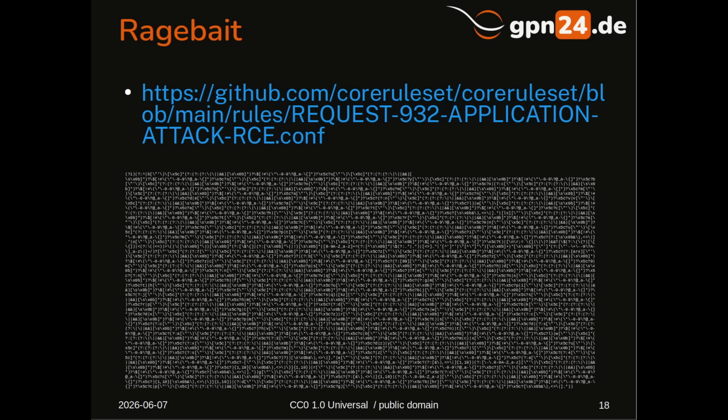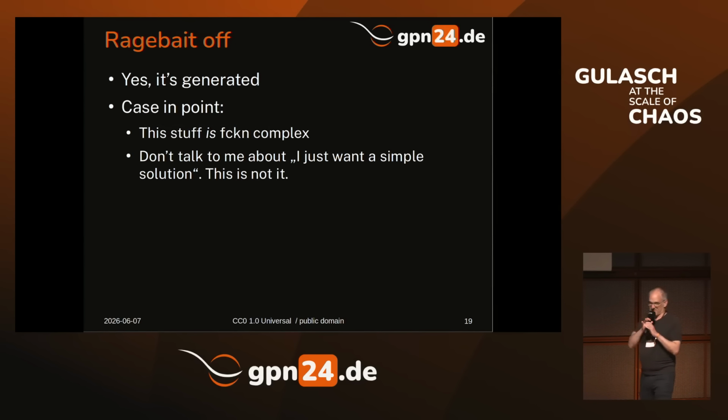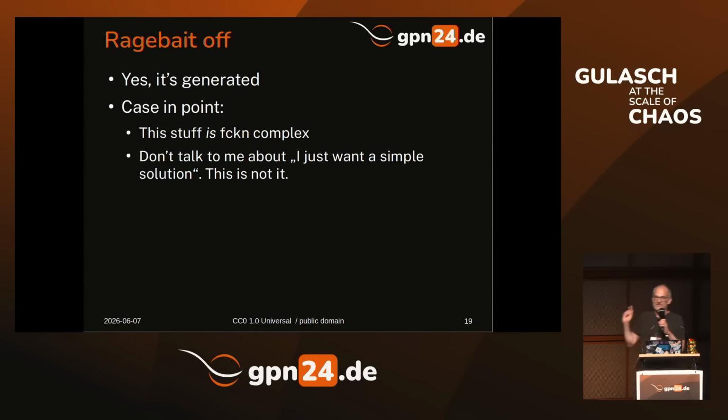Look it up, I'm not making this up. And that's not the only one in this rule set. There are several. Okay, so let's stop the rage bait. It's generated. This is not the source that people added. You better not. But case in point, this stuff is complex.